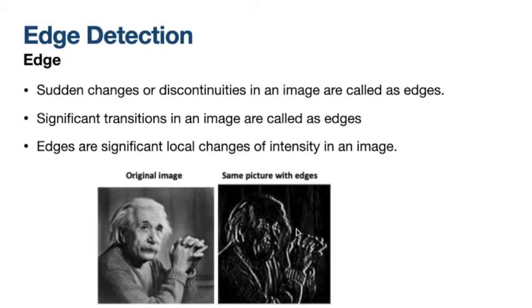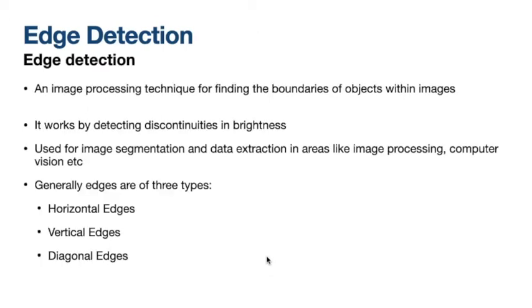Basically, to detect the edges you have to look for sudden changes or discontinuities in images, or any changes in the intensity values. That is how you can detect the edges. So this is the original image, and this is the edges of that image.